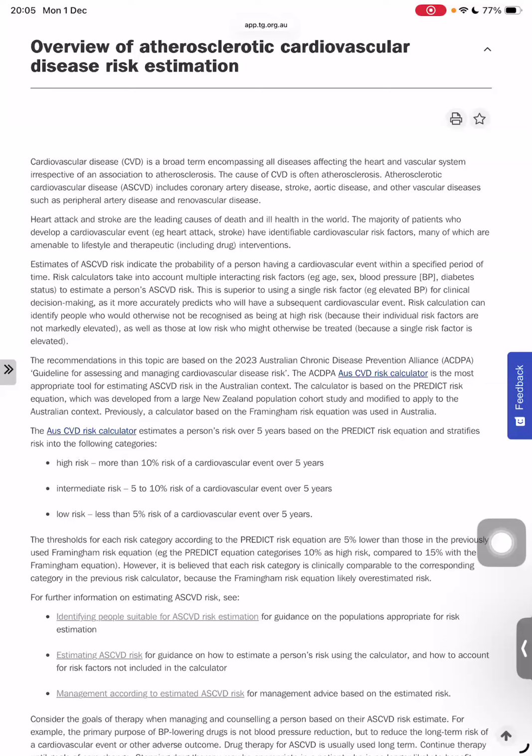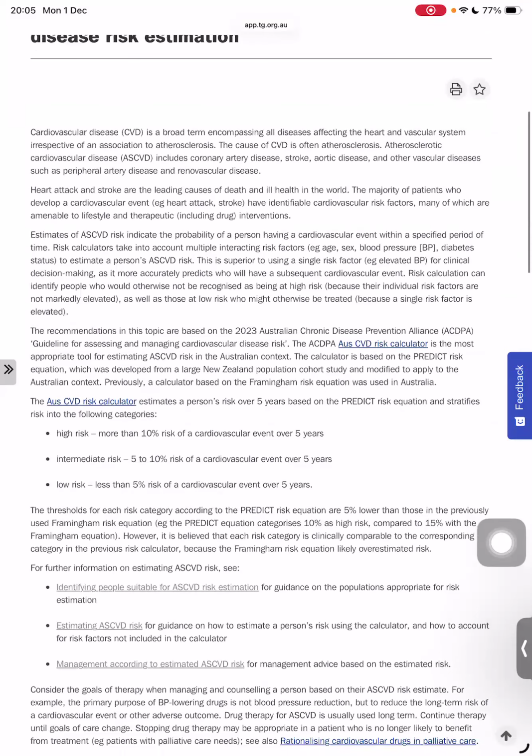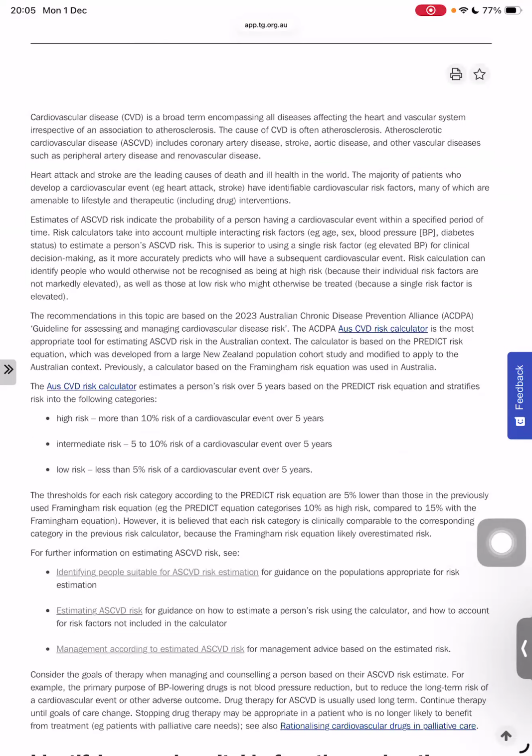For Australia, we are using the cardiovascular risk assessment calculator. Okay, I will show it. So here also they mention the same thing. Estimate ASCVD, atherosclerotic cardiovascular disease risk, indicates the probability of a person having a cardiovascular event within a specific period of time.